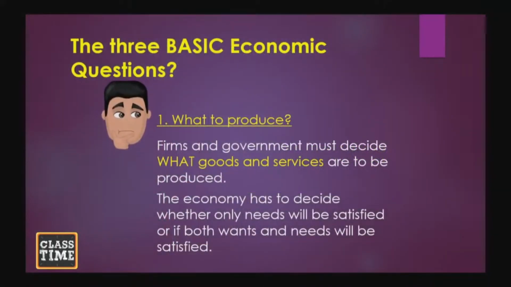Firms and government must decide what goods and services are to be produced. And the economy has to decide whether only needs will be satisfied or both wants and needs will be satisfied. As we go further into the lesson, we'll come back to what to produce. When we talk about the various economic systems, we will identify how we decide what to produce based on the structure of those systems.